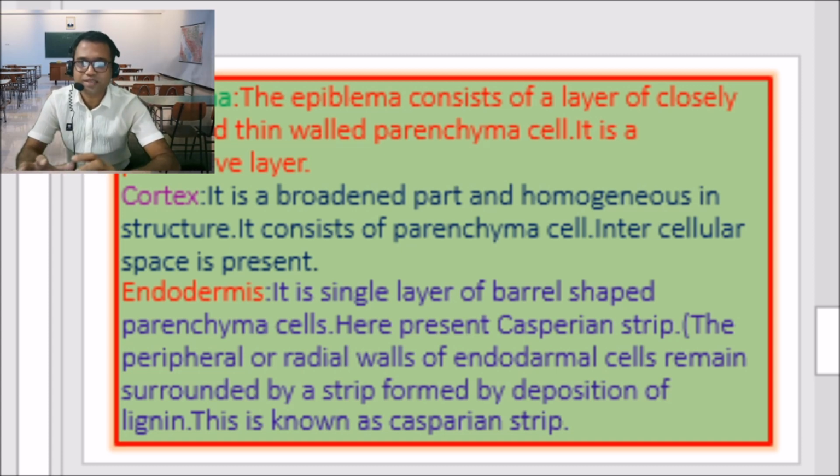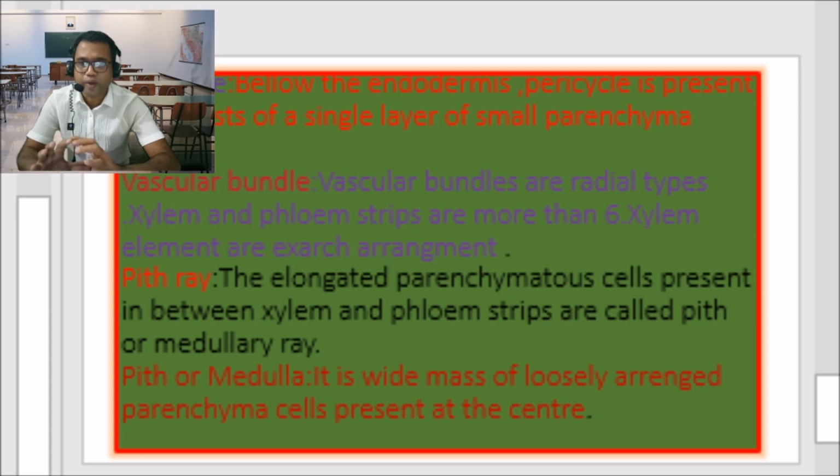This is known as Casparian strip. Next, below the endodermis there is a single layered pericycle, produced by small parenchymatous cells.